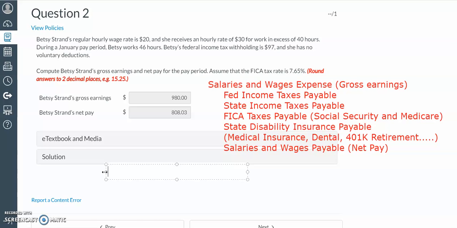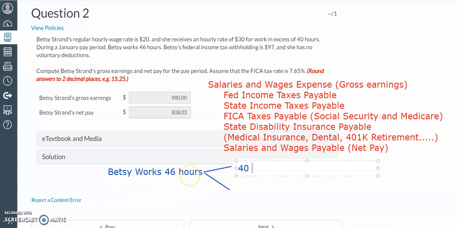Okay, so during the January pay period, Betsy works 46 hours. This 46 hours is now going to be split up between the regular rate of $20, which is going to be applicable for the first 40 hours worked.